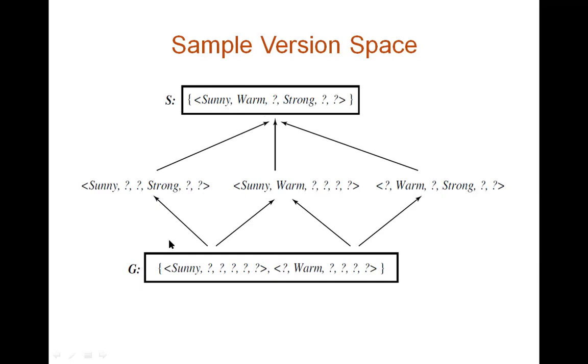This in-between hypothesis is more general than the specific one. General to specific ordering should be there. These hypotheses should be more general than the S hypothesis, and less general than the G set of hypotheses. So this creates the version space.